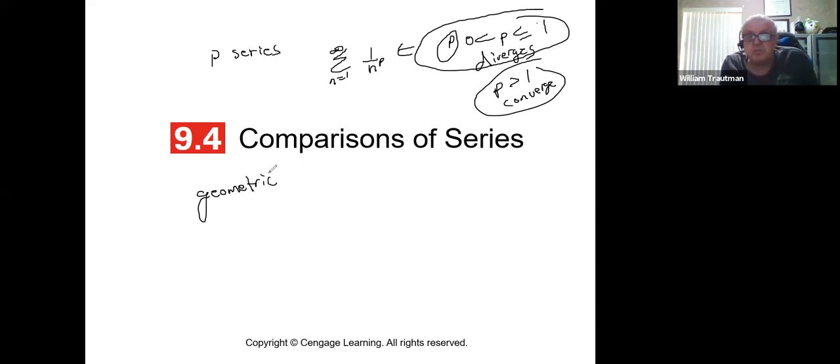And the reason why I'm bringing this up is that it's going to come up in this lecture. The geometric series, from 0 to infinity, of a times r to the n power. Here in the geometric series, if r was greater than or equal to 1, then this thing diverged.